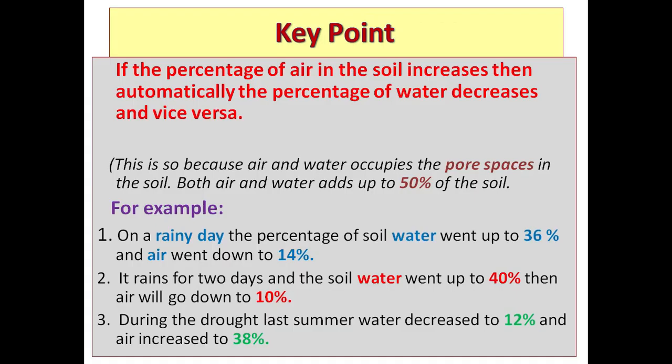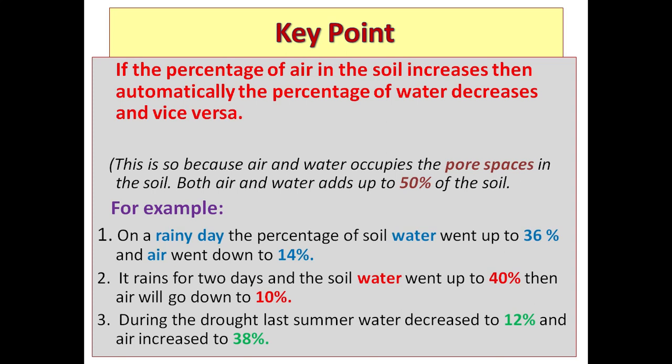Key points: if the percentage of air in the soil increases, then automatically the percentage of water decreases and vice versa. If air increases, water will decrease, and if water increases, air will decrease. That is because both of them are found within the pore space of the soil.